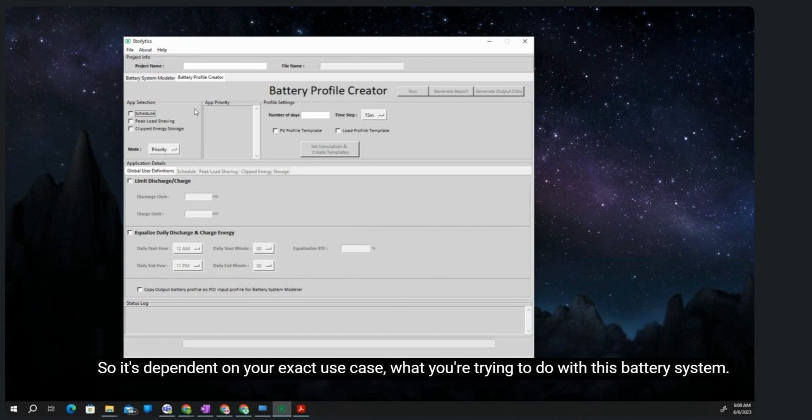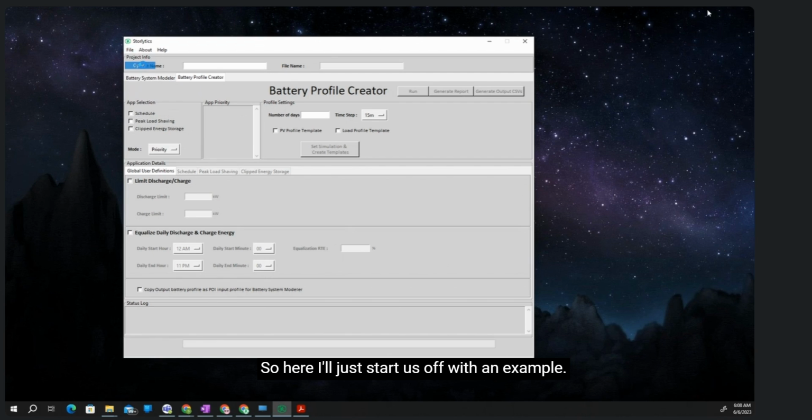It's dependent on your exact use case, what you're trying to do with this battery system. Are you trying to charge a battery from solar and discharge it later in the day, or are you participating in a market service, or are you PV smoothing? Depending on what you're trying to do, this module helps you stack different applications on top of each other.